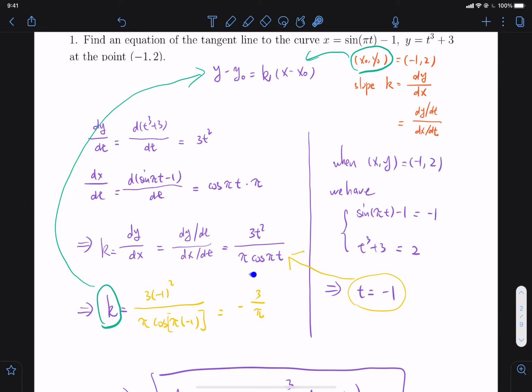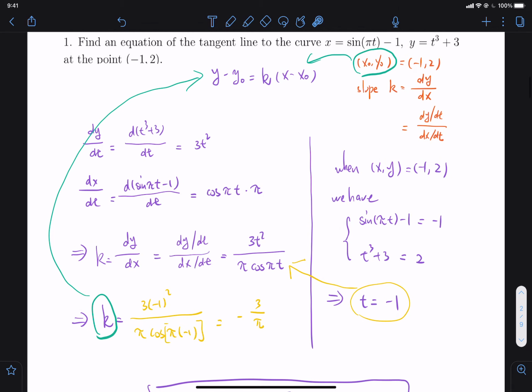You can see that the slope can change according to the value of t. For any given t, the slope could be different. So we need to figure out what that slope is exactly at the point -1, 2, which means we need to find the value of t corresponding to x equal to -1 and y equal to 2.